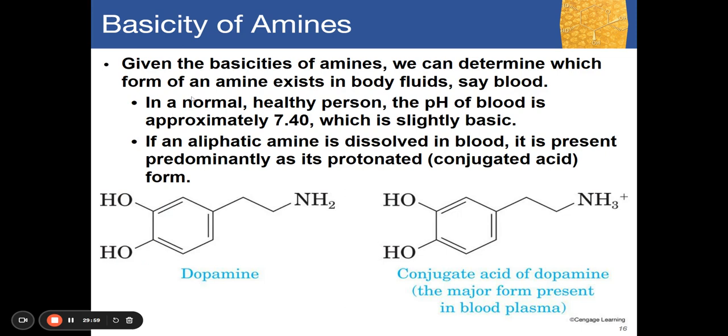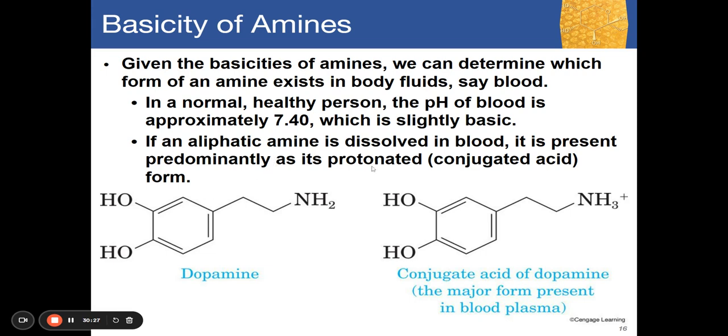Okay, so given the basicities of amines, we can determine which form of an amine exists in body fluid, say blood. Remember, the pH of our blood is 7.35 to 7.45. In a normal healthy person, on average, the pH of blood is 7.40. So it is slightly basic, since 7 is our neutral pH.